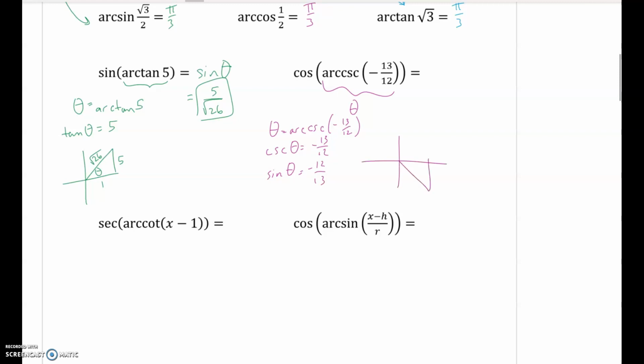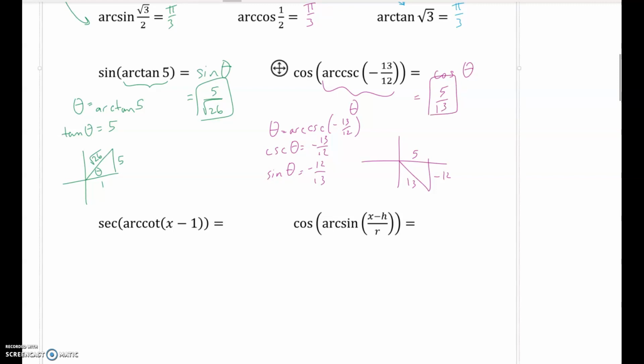It's got to be quadrant 4 because of the domain restrictions. And we put the negative 12 here. We put the 13 here. This is a 5, 12, 13 right triangle, so I'll put my 5 up there on the x-axis. So now when I'm trying to find the cosine of theta, I just use the triangle and I see that it's 5 over 13. And I move on to the next problem.